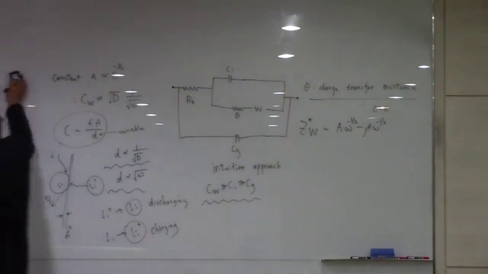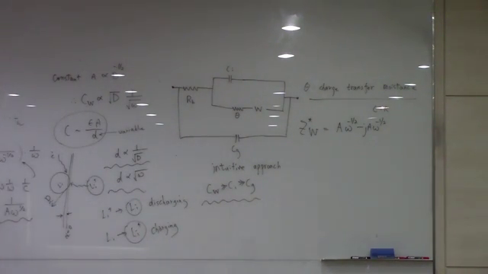Number one, we start out with the very low frequencies. When we apply very low frequencies to this system, almost a DC characteristic, at low frequencies the circuit can be simplified as RB and theta.